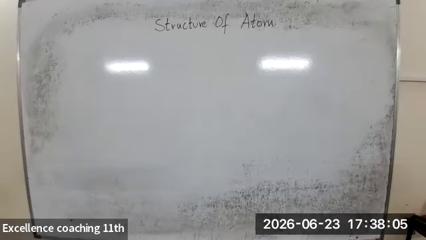Only electrons will be a problem since it is a neutral atom. But you all found out the number of protons. What did you all get for the number of protons?